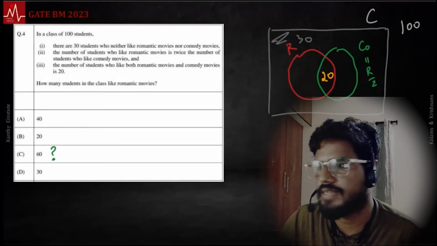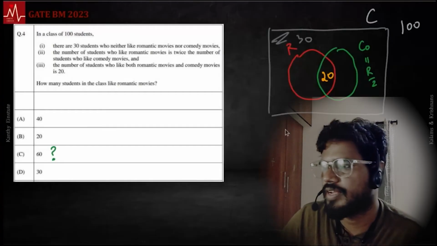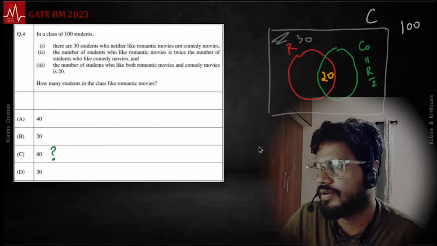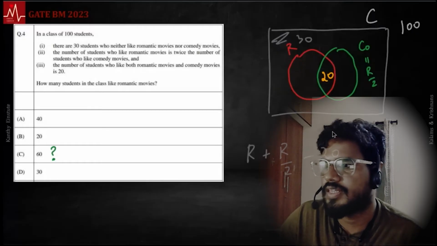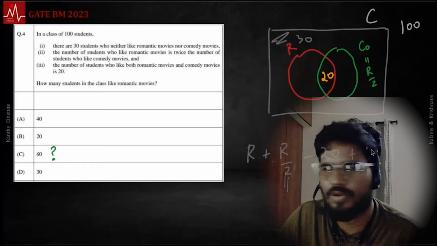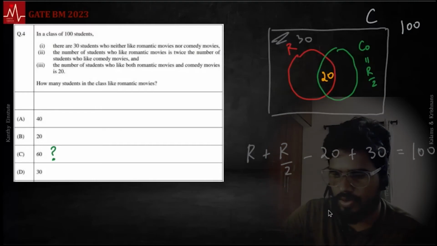How many students in the class like romantic movies? Fine. If I add R plus R by 2, if I remove that intersection, if I add the outer section, that is 100. Can we quickly solve for R?